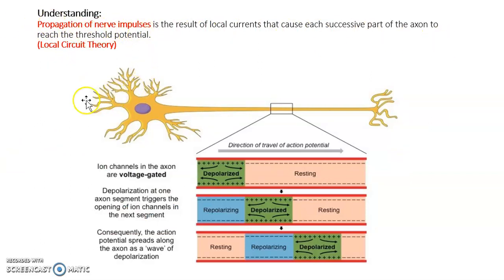So now what we need to consider is this syllabus statement, the propagation of the nerve impulse. So we're talking about how does this motor nerve carry its action potential or its impulse all the way along the axon until it gets to the terminal part of the axon here. Now, remember that this part is inside the central nervous system.